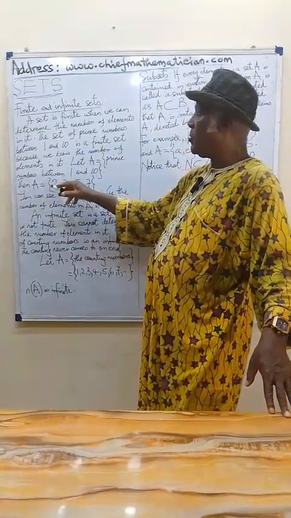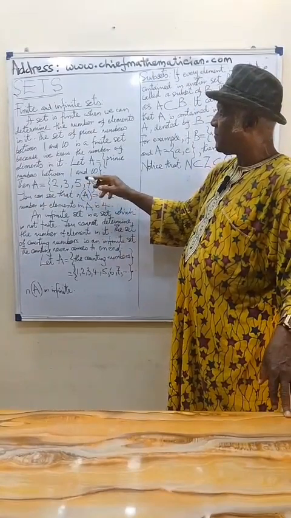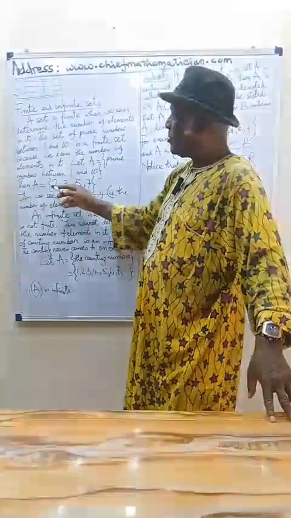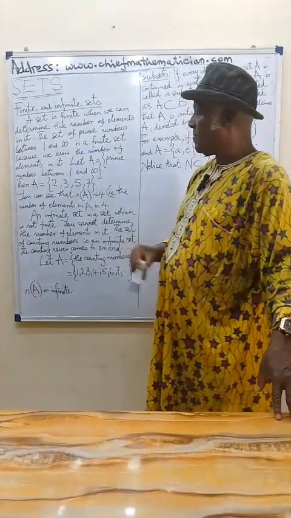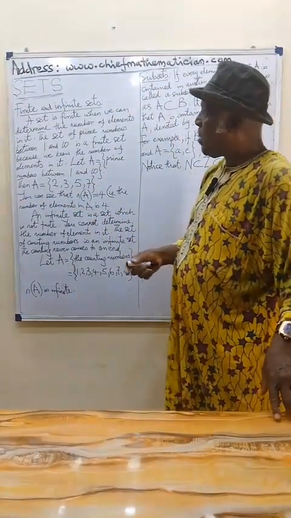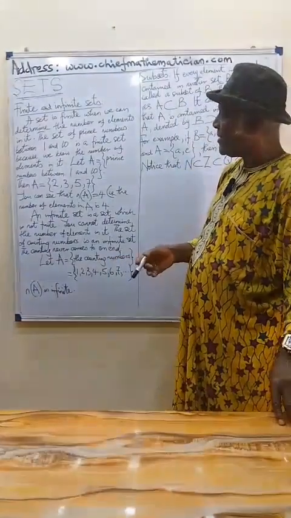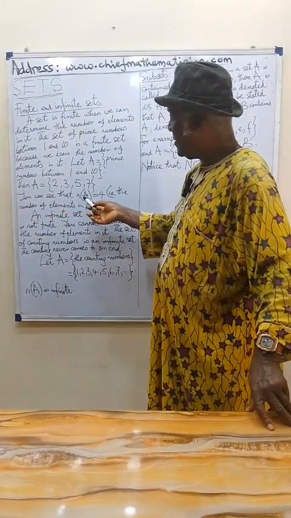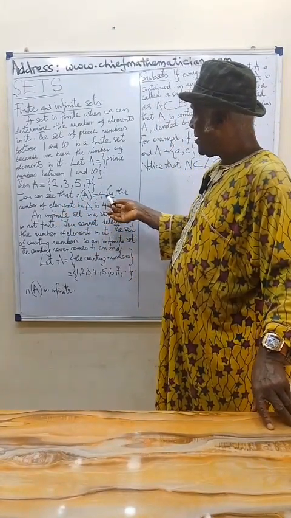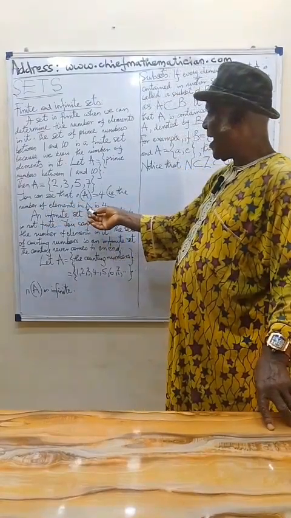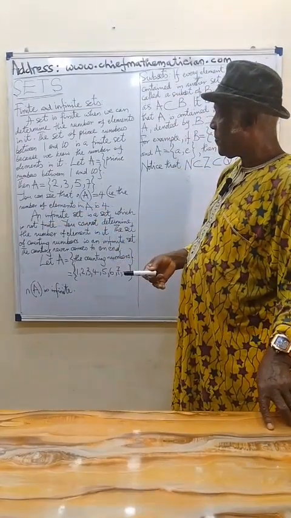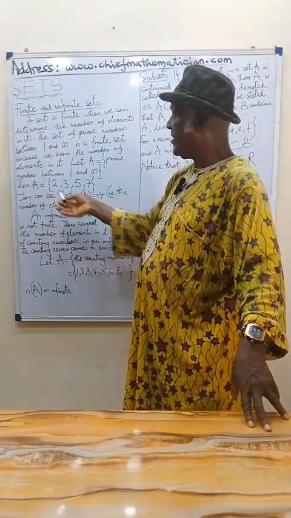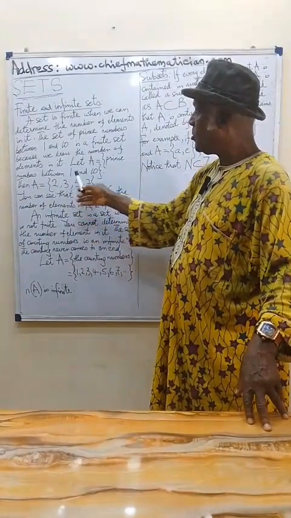Then A is equal to 2, 3, 5, 7. That's the set of prime numbers between 1 and 10. You can see that n(A) is equal to 4. That is, the number of elements in the set A is 4. 1, 2, 3, 4.